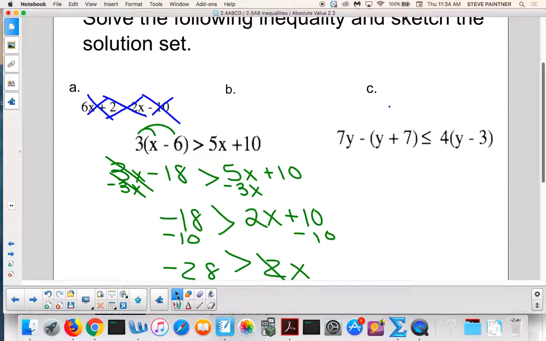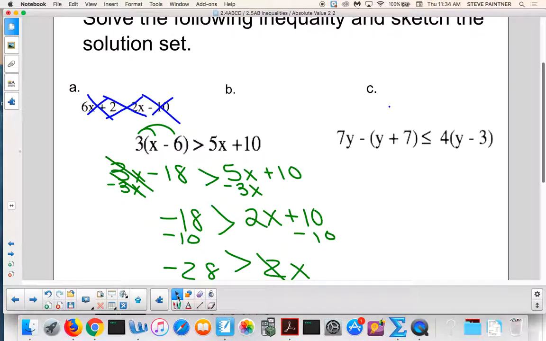I did it at first and then I got confused, so I erased it. You were still on the right track.